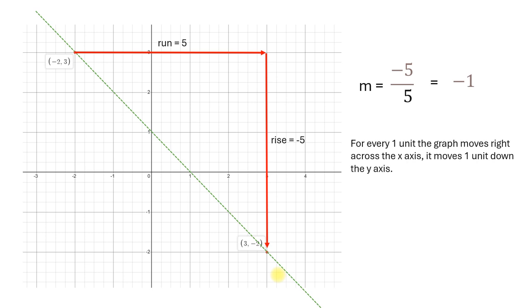This means that for every unit we move across the x-axis, we move down 1 unit along the y-axis. And if you run a line from the beginning point to the end point, you'll see something that we'll refer to as a negative slope, which is why it's expressed as -1.